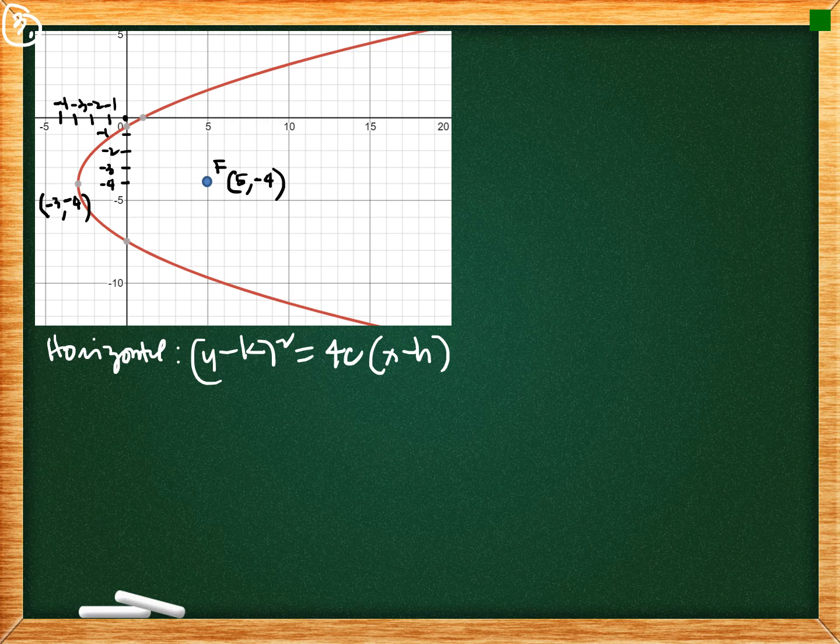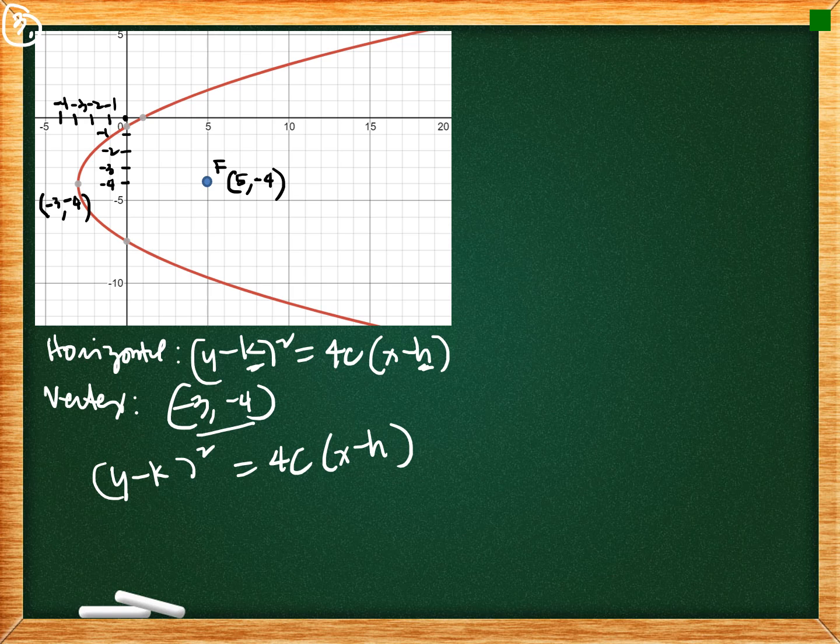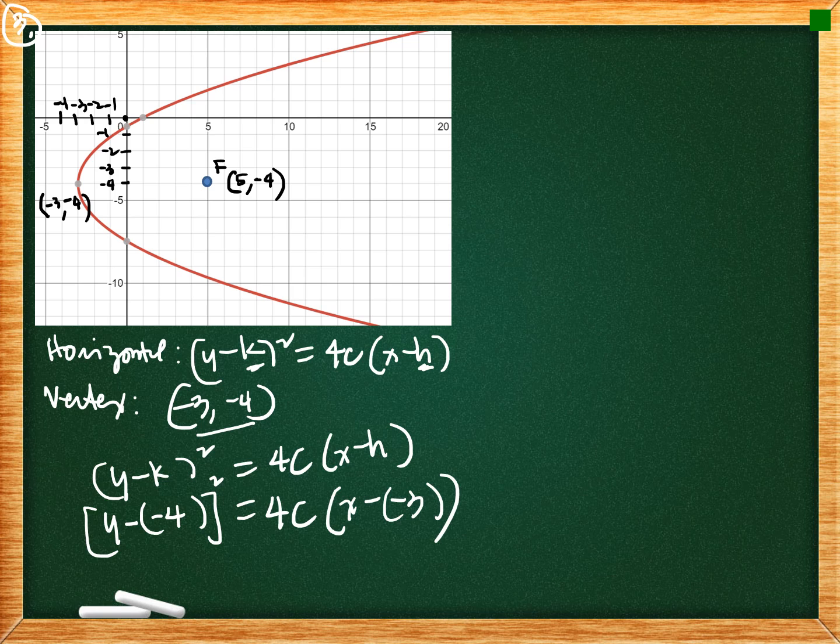Since we are given the vertex at (-3, -4), we can just substitute k and h with the coordinates of our vertex. This would be (y - (-4)) squared equal to 4c times (x - (-3)). When we simplify this, it becomes (y + 4) squared equal to 4c times (x + 3).